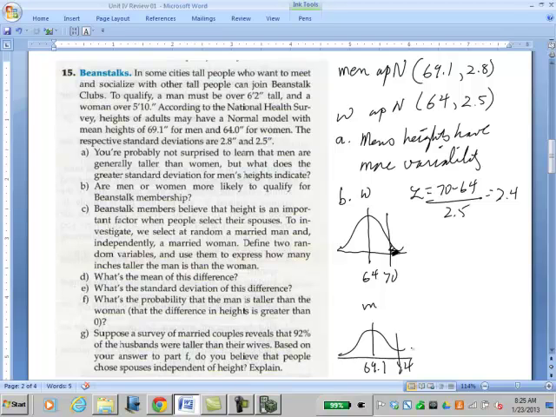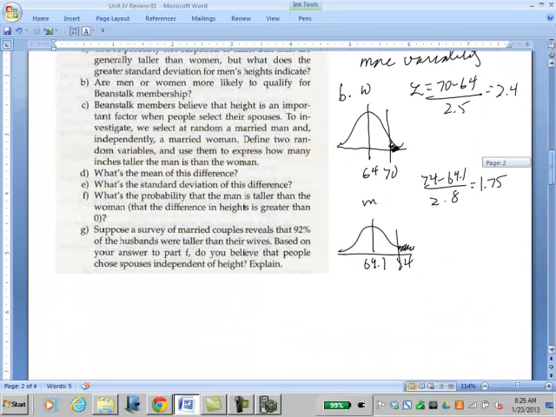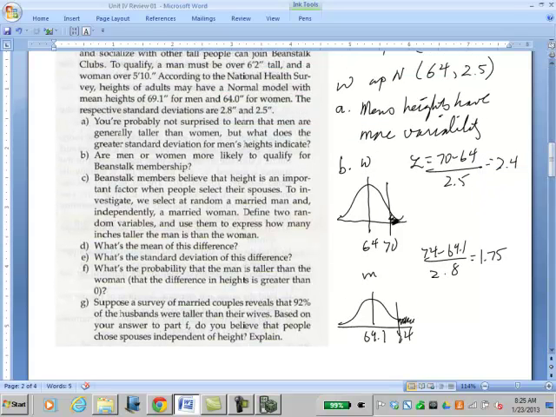So for men, it's 74 minus 69.1 divided by 2.8, which is 1.75. So it's easier for a man to get into this because he needs fewer standard deviations in order to get into the thing. Did everybody see that? Lower z-score means it's easier to hit the mark. Which seems strange. You'd want equal numbers of men and women, you'd think, but I don't know.